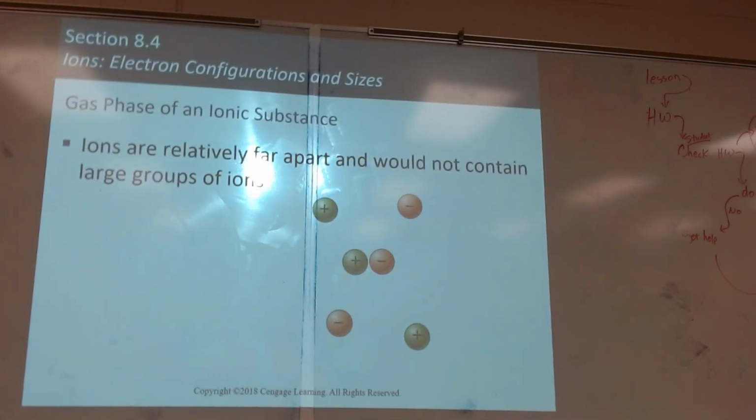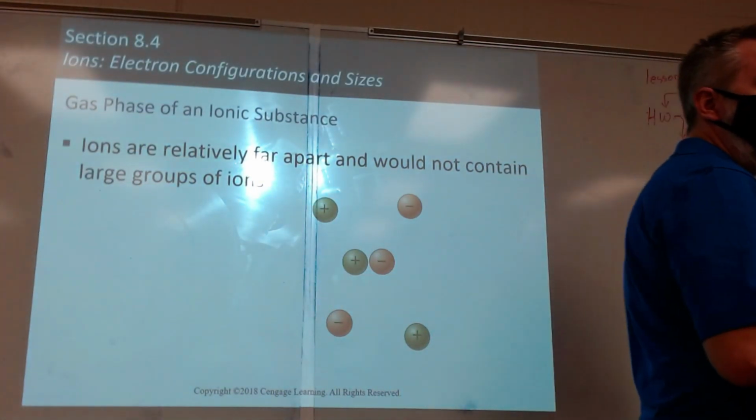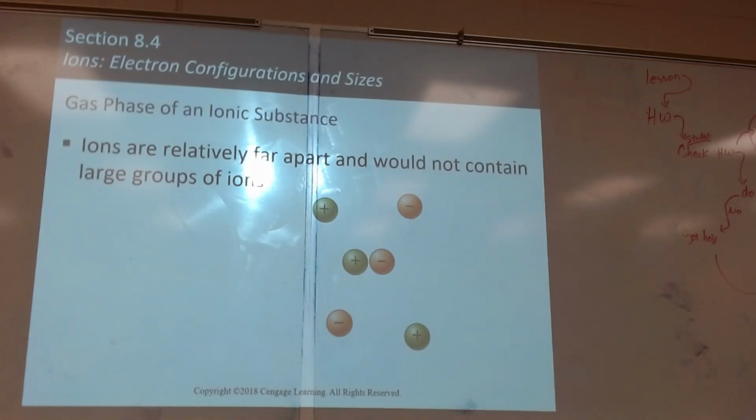Ions. Let's talk about the gas phase of an ionic substance. If I have excited an ionic substance to the point that it's in a gas, there's going to be very little interactions. This makes sense, right? The whole point of gas particles is that they're very, very far apart. So if I take this salt, which takes a tremendous amount of energy, I get it into the molten stage.